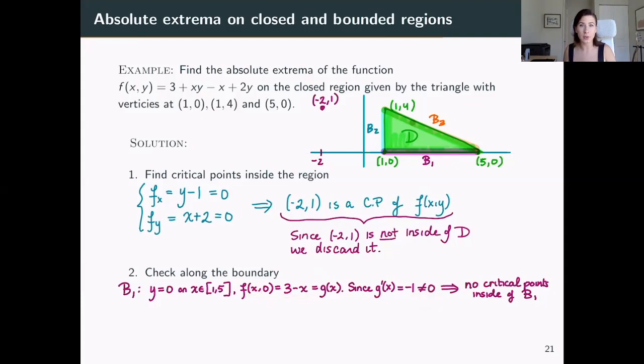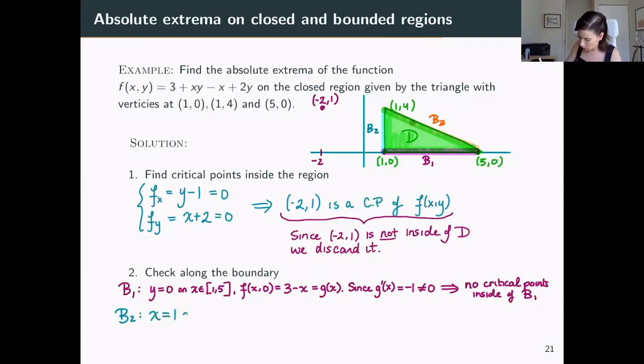And now we can do the same thing for boundary 2 and boundary 3. So for our boundary 2, which I had in blue, just trying to match up the colors here, we have when our x is equal to 1.